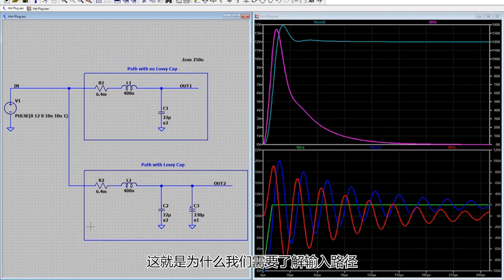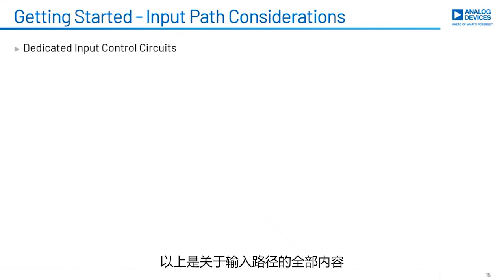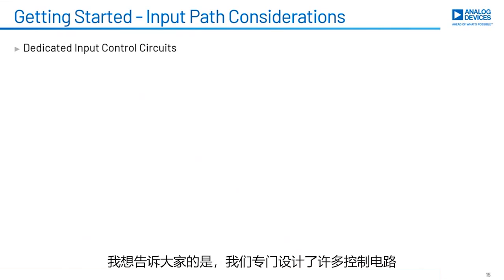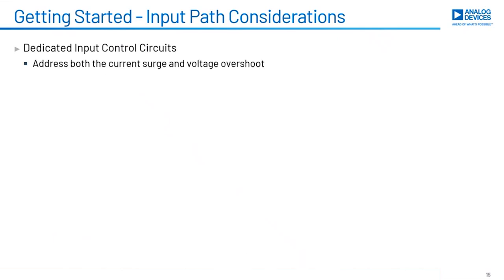So this is why we need to understand what the input path looks like so that we don't get surprised when we build a board and things don't work when you do the hot plugging. So that's all I'm going to talk about for the input path, but I just wanted to let you know that we have dedicated control circuits that can help deal with these input path problems.